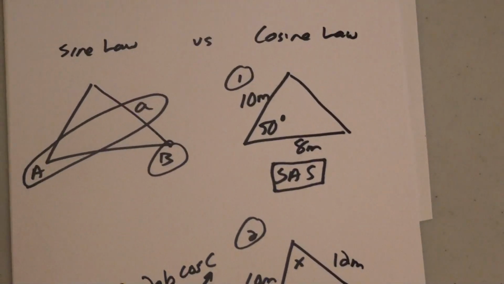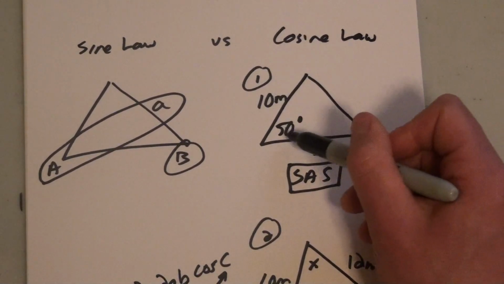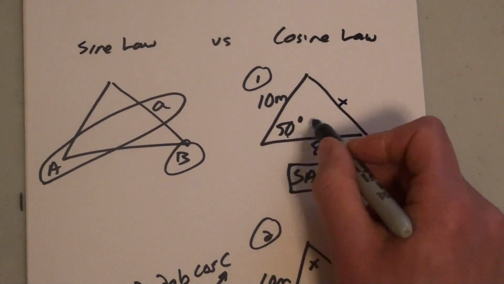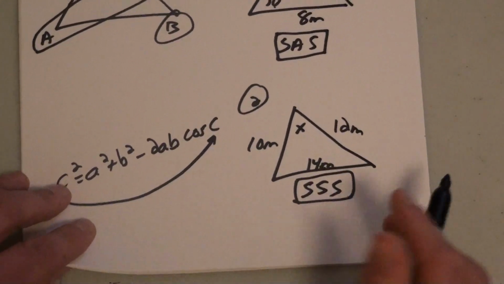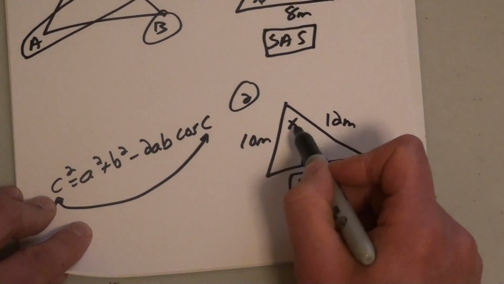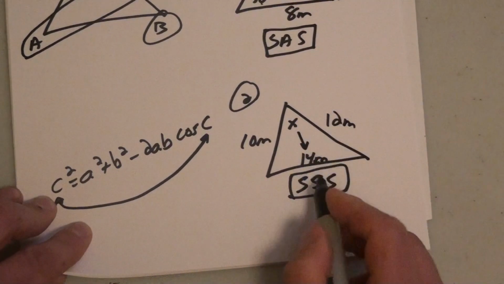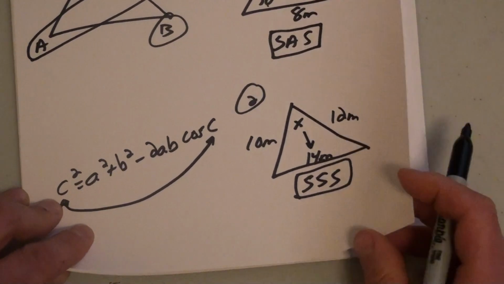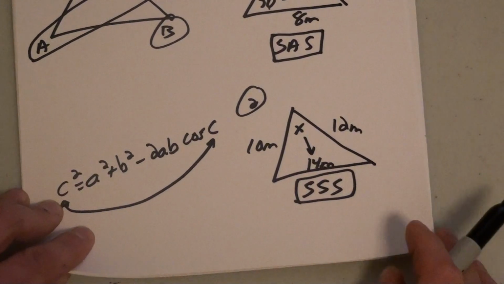So for example, in the side angle side, that's my angle, must be my angle c, in which case that will be my length c that I'm trying to find in the formula. In a scenario where I have three sides, I'm trying to find that angle, which means that 14 will be my length c. Again, I do not have an opposite pair, but within the opposite pair there'll be one unknown that I'm trying to find.